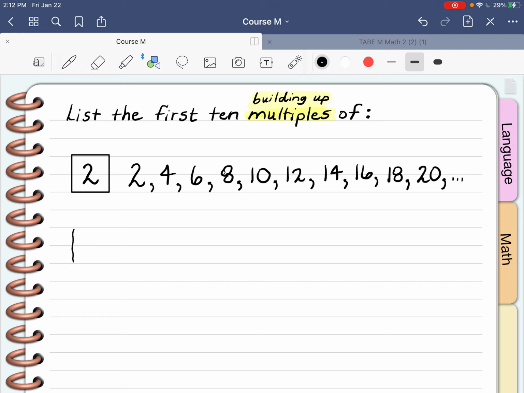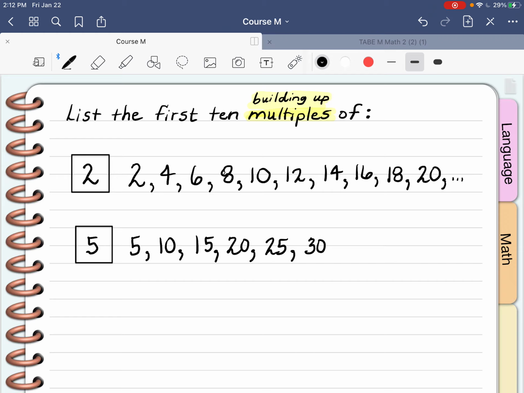Okay, let's do the first 10 multiples of the number 5. 5 times 1, 5 times 2, 5 times 3, 5 times 4, 5 times 5, 6, 7, 8, 9, 10.